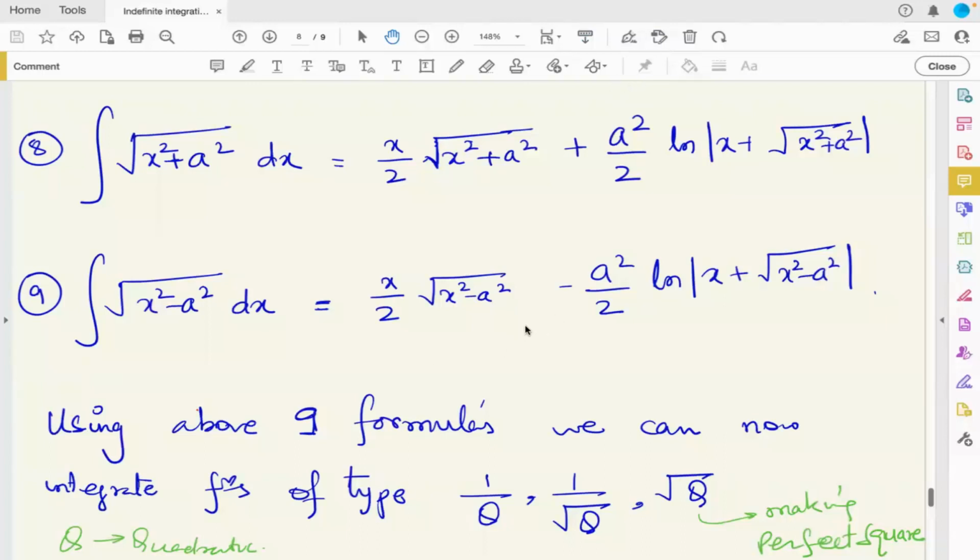We just read the formula for 1 by x square minus a square integration, which is 1 by 2a ln mod of (x minus a by x plus a) dx plus constant.